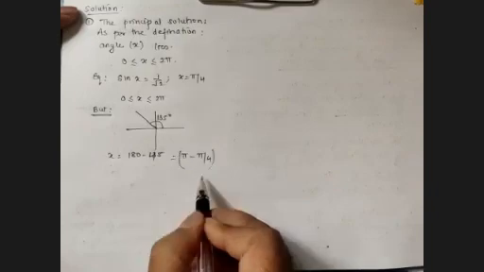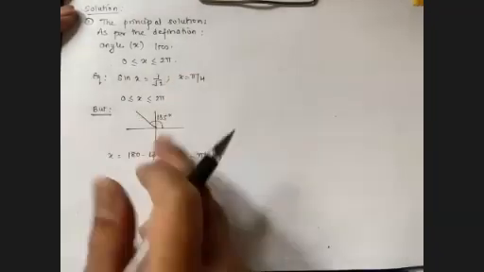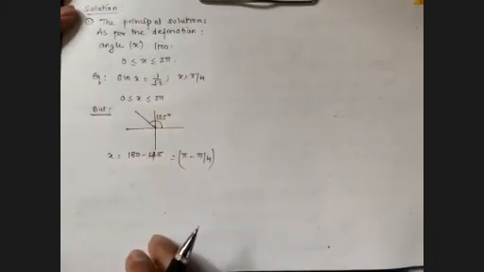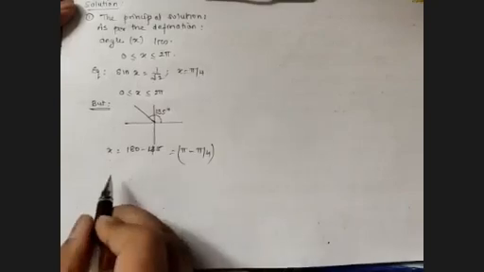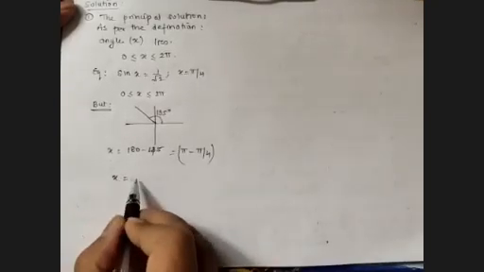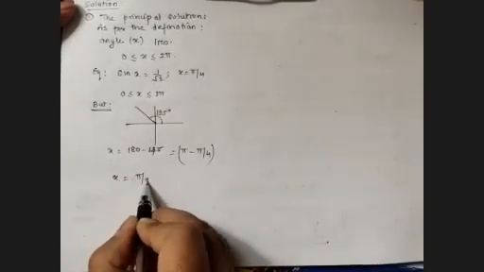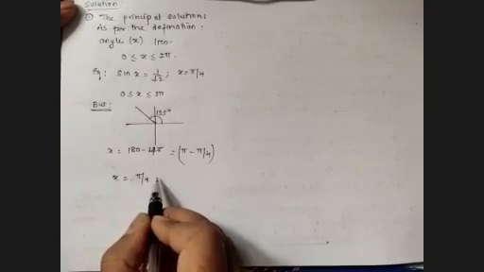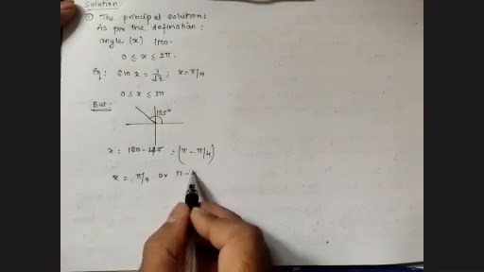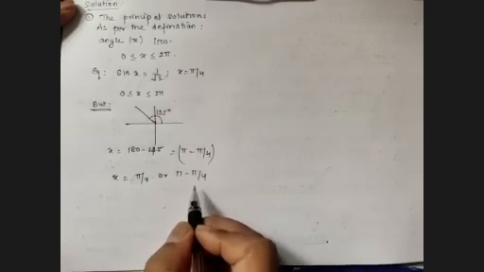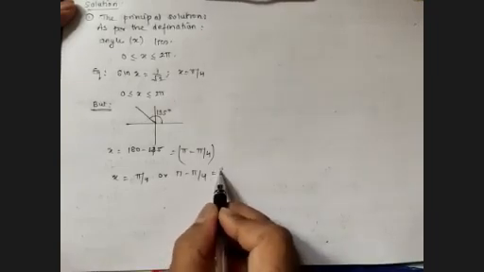So this is one more angle which gives the same value. So you can say that x has two solutions: one is pi by 4, and the other is pi minus pi by 4. So pi minus pi by 4 is 3 pi by 4.